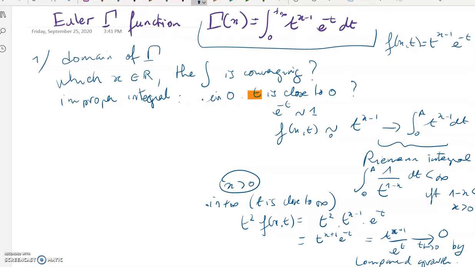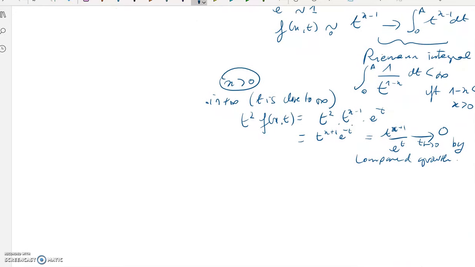So what does that tell us? That tells us that f of x,t is little o of 1 over t squared, and 1 over t squared is integrable in a neighborhood of infinity, for any a strictly positive. So we can conclude that the integral is convergent at plus infinity.